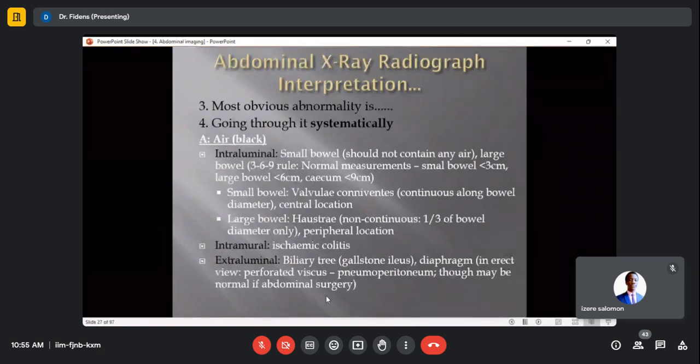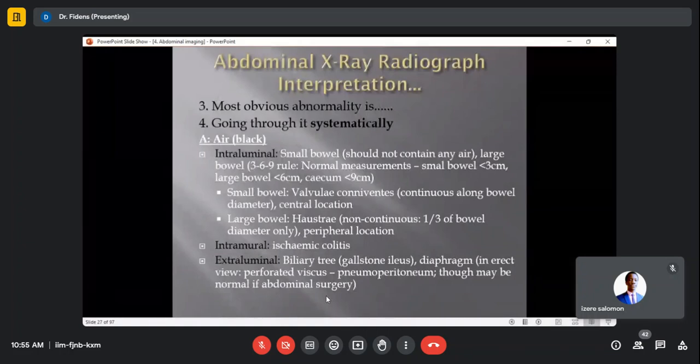Those are folds. Anatomically, it's the normal anatomy. Folds within the small bowel. They are called like that, the folds. On plain abdominal X-ray or radiograph, we see them as lines crossing the whole diameter of the small bowel. That's normal anatomy, by the way.